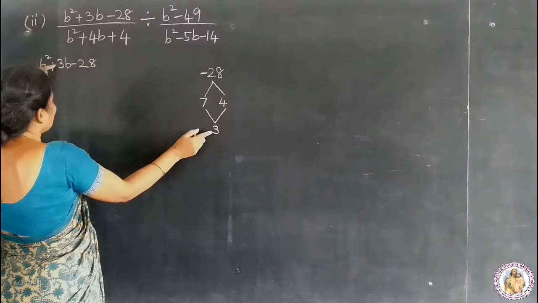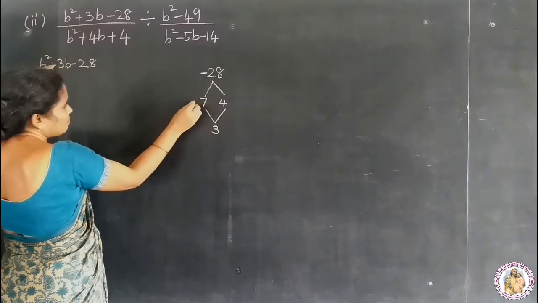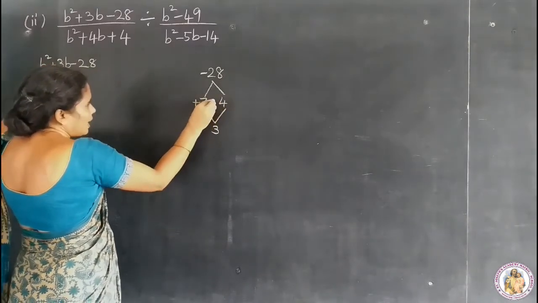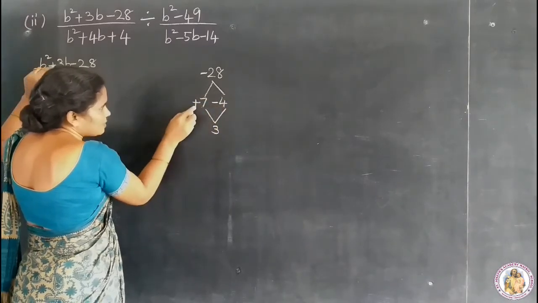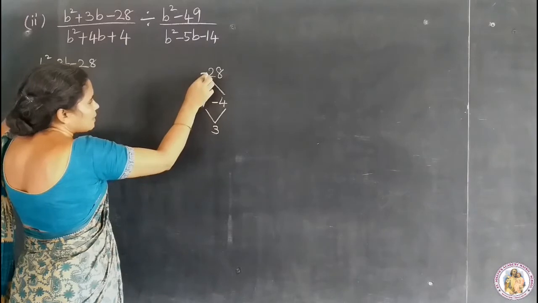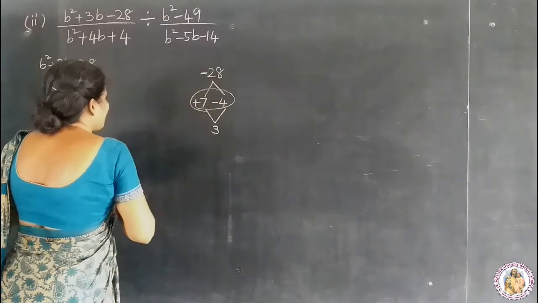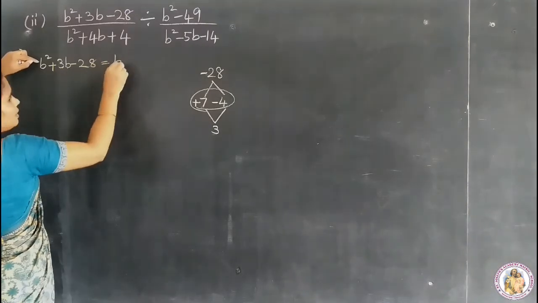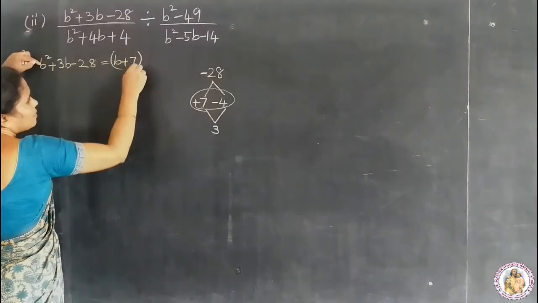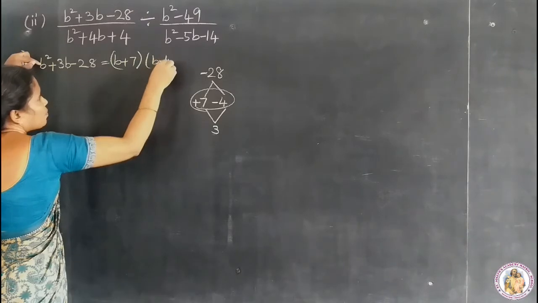So 3 is plus 3, so we must use plus for the greater number and minus for the smaller number. 7 minus 4 is 3, plus 3. Okay, plus 7 and minus 4 are the factors. Write b plus 7, b minus 4.